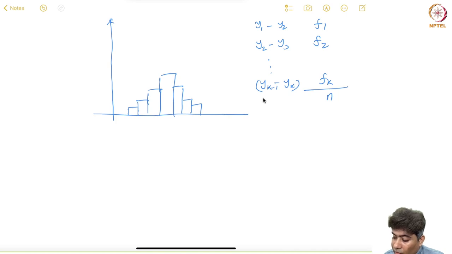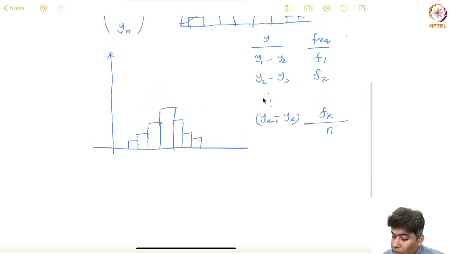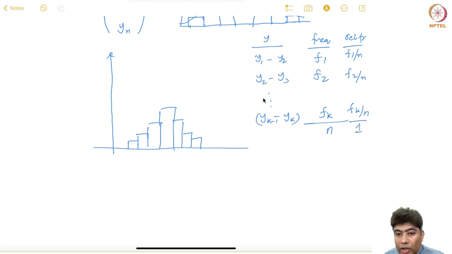Instead of drawing the frequency, you can always draw the relative frequency, which is f1 by n, f2 by n, fk by n, and if you sum them up, it should be exactly equal to 1.